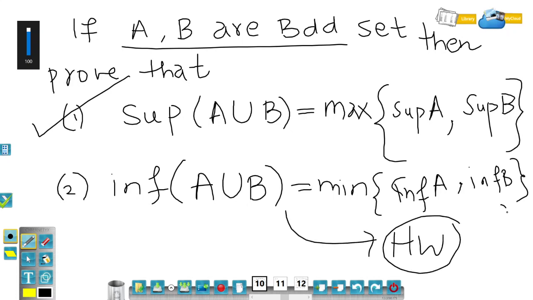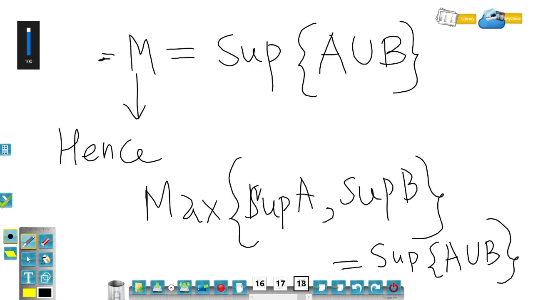This number one is a motivation to do the second one: the infimum of A union B is equal to the minimum of infimum A comma infimum B. You just try at your level first. If you could not, then we will definitely discuss this in class. So thank you.